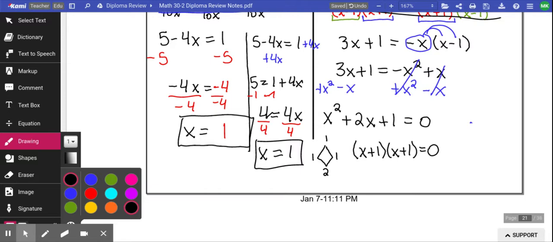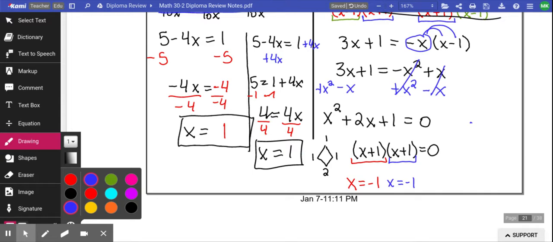You then look at each binomial in your factoring and you say what makes that binomial equal 0. So for instance, this first binomial would equal 0 if x equaled -1. The second binomial would also be x equals -1. That means your answer to this question is that x equals -1. That's the method you could use by factoring.